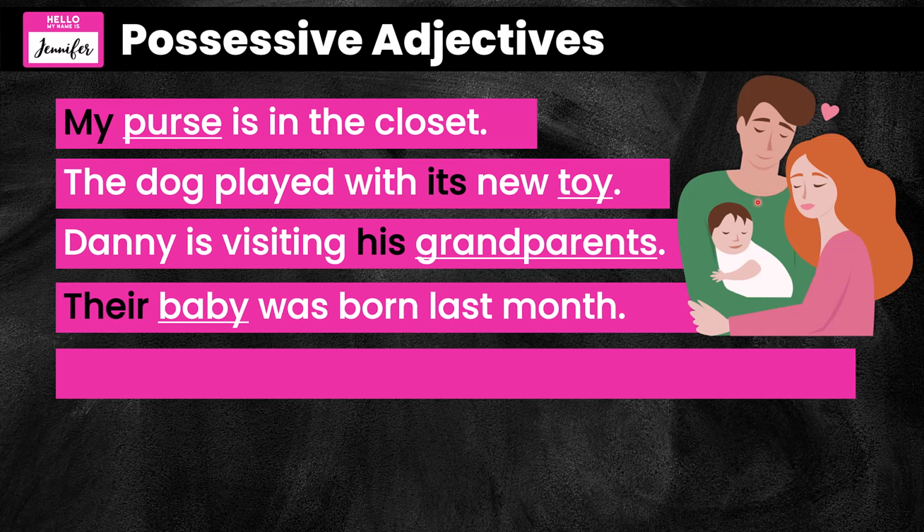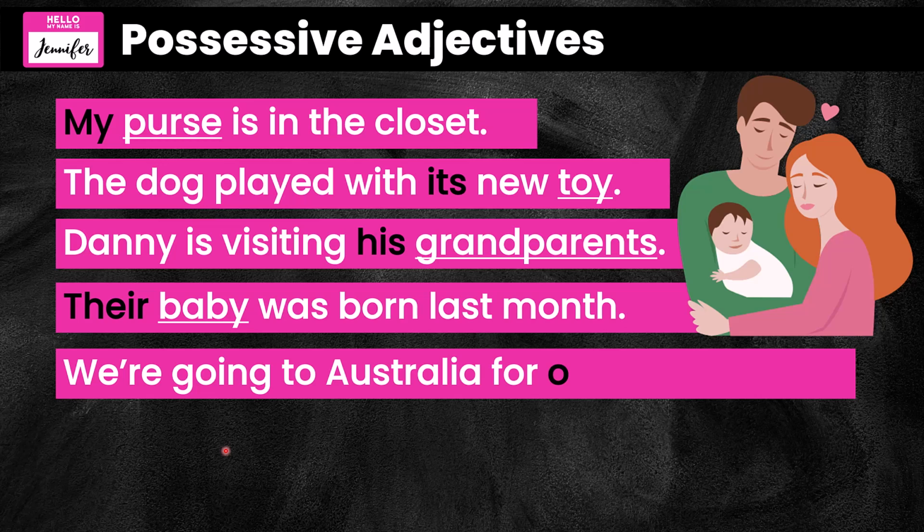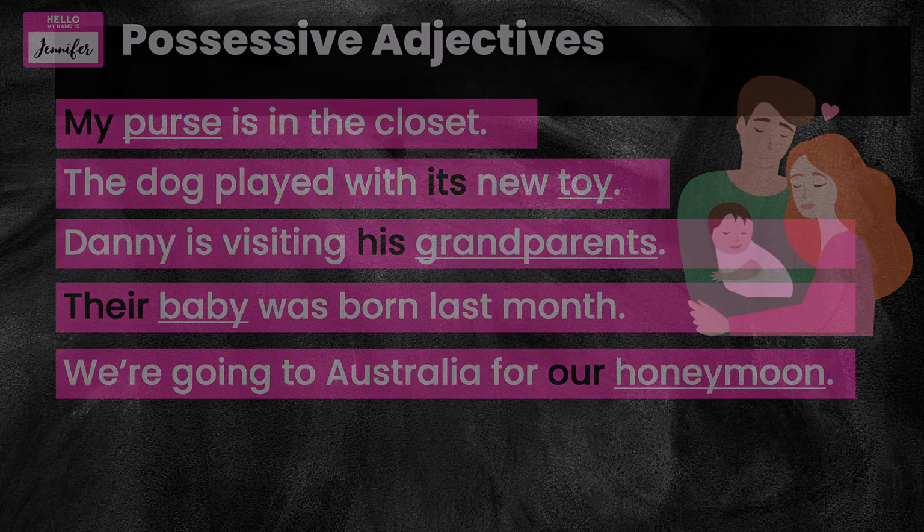Their baby was born last month, the baby that belongs to them. We are going to Australia for our honeymoon. So again, notice that after a possessive adjective, we have a noun in all of these sentences. So we use possessive adjectives along with a noun.